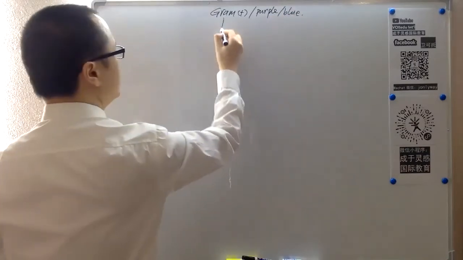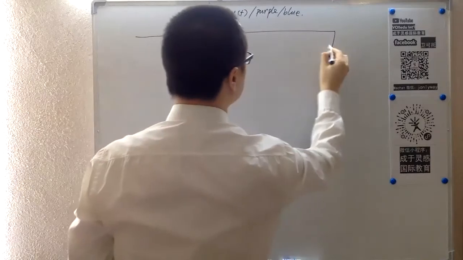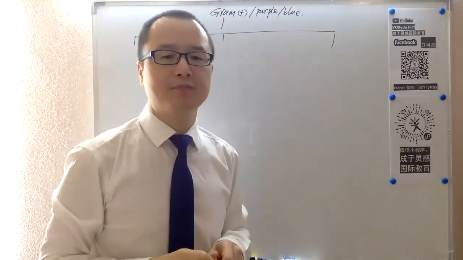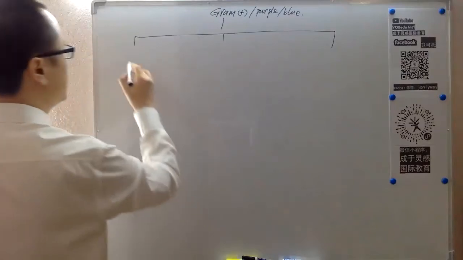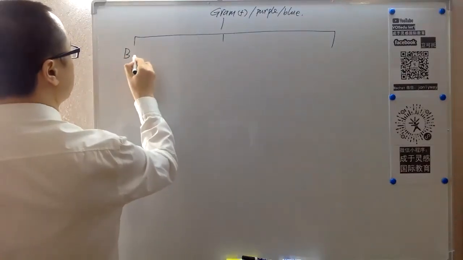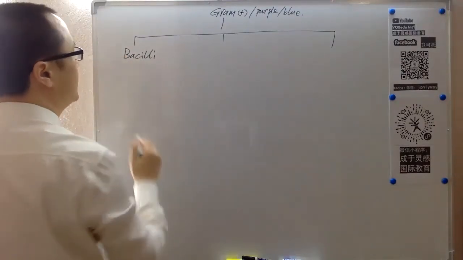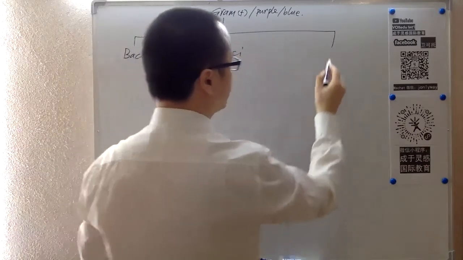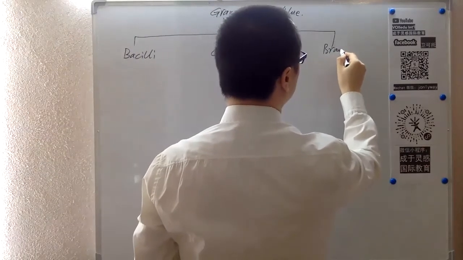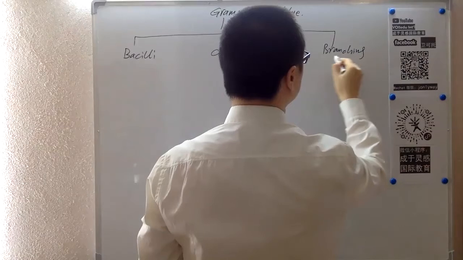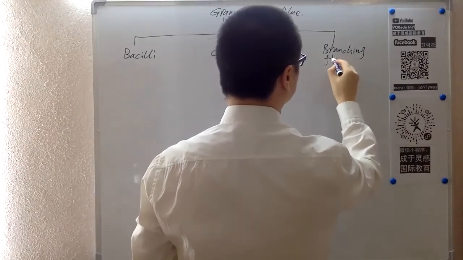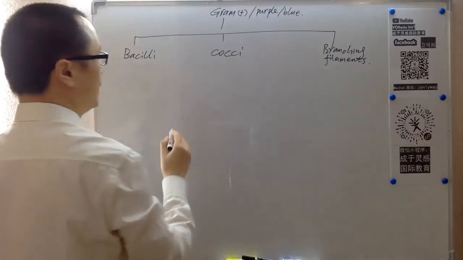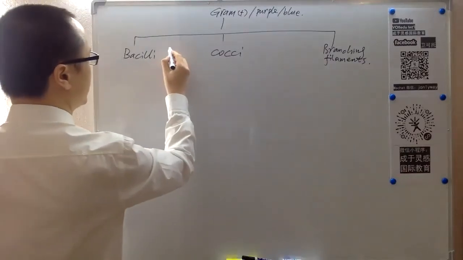Okay, and then there are 3 kinds of gram-positive bacteria. One is the bacilli, another is cocci, and the rest is the branching filaments. I would like to draw the picture like this.